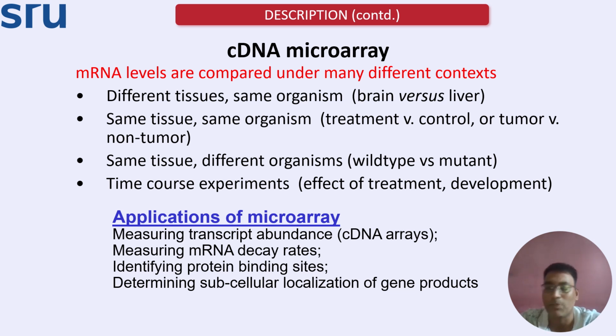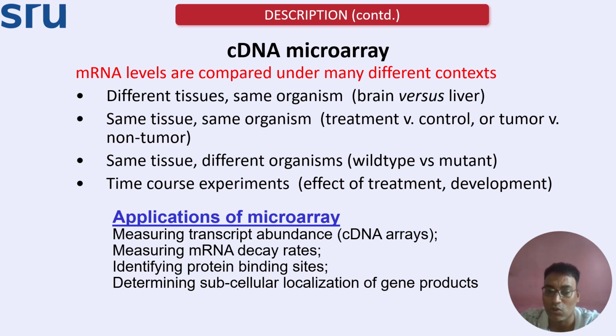There are numerous applications. Measuring transcriptome abundance as the initial part, cDNA arrays, measuring mRNA decay rates. Okay, because cDNA expression level will go down, so it is somehow interconnected with the mRNA decay. Okay, we can properly analyze. Identifying protein binding sites. Okay, under different conditions, we can evaluate the protein binding sites as well.